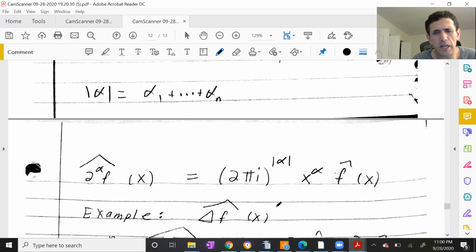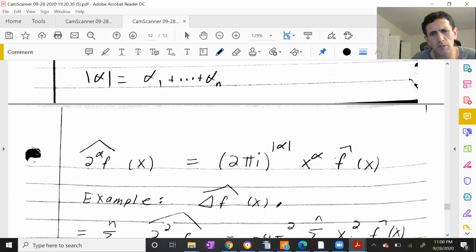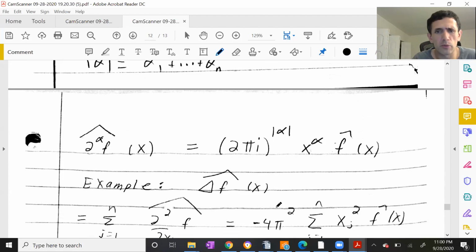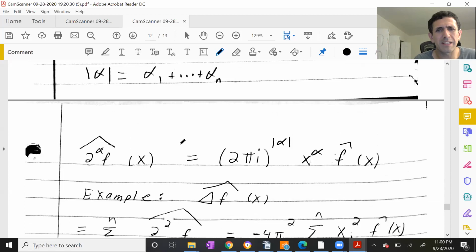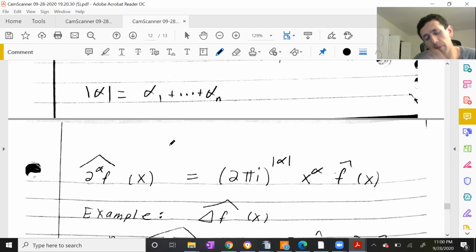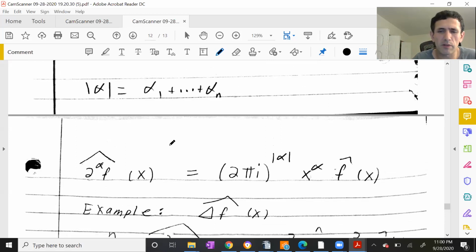So this is probably most often used. I should mention this is really the beginning of the area called pseudo-differential operators. I don't want to get into that really.